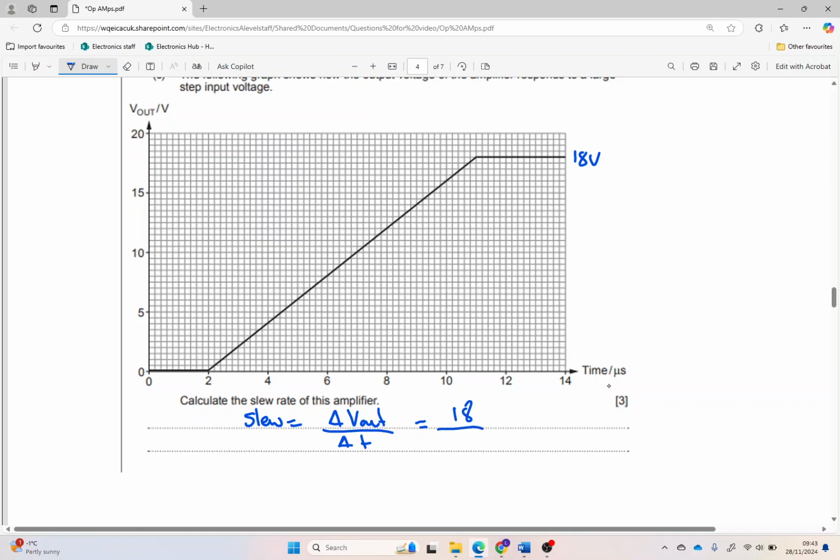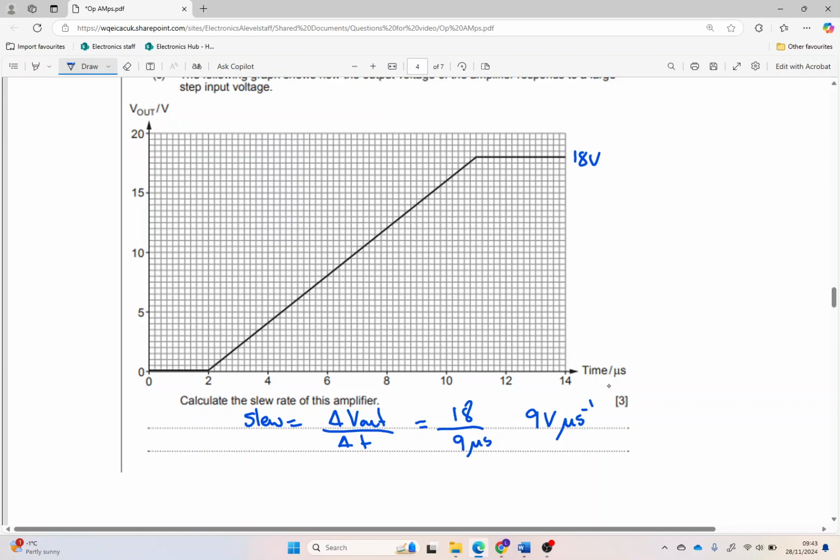That's a change of 18 volts, and the time that it's taken is from 2 to 11, so that is 9 microseconds. So we've got 18 divided by 2 equals, it's going 9 volts per microsecond.